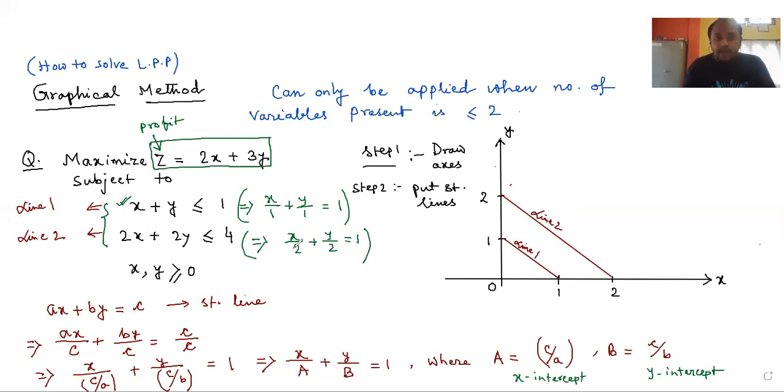Now, straight lines can stretch on both sides to infinity. We can stretch this straight line to this end, and that straight line to that end, but we are not going to do that, because if I do so, we are actually moving into the second quadrant and the fourth quadrant.